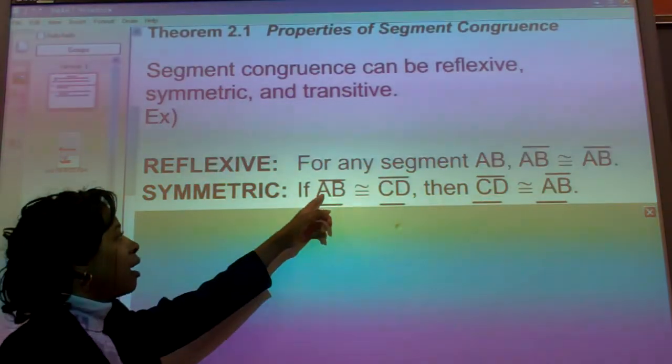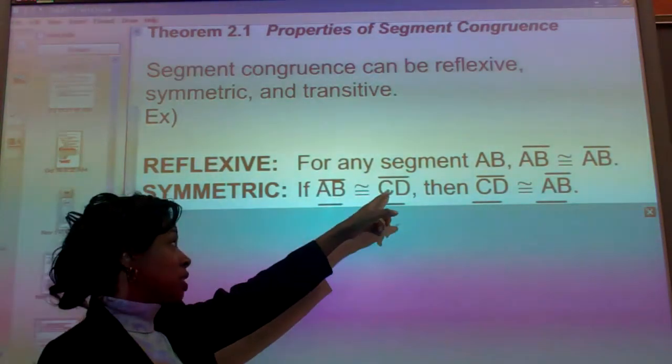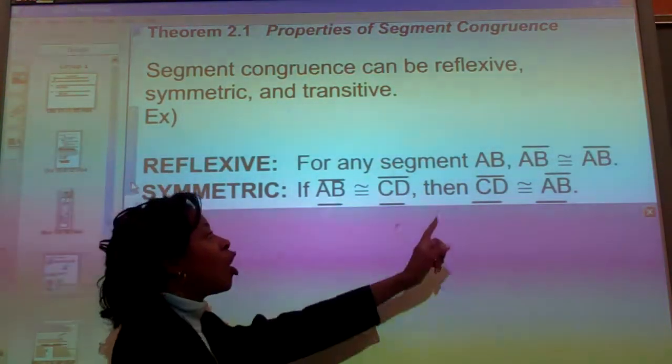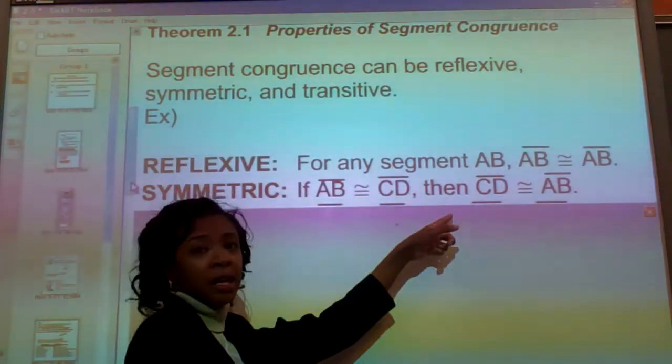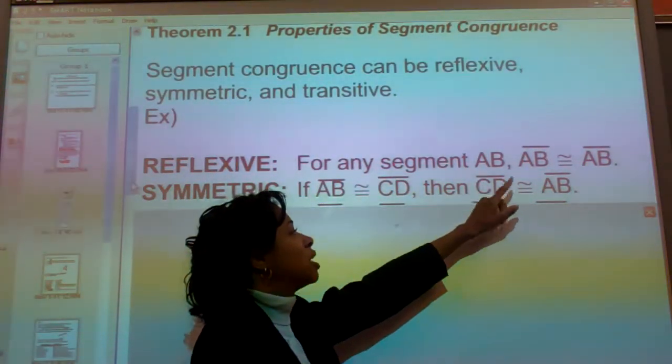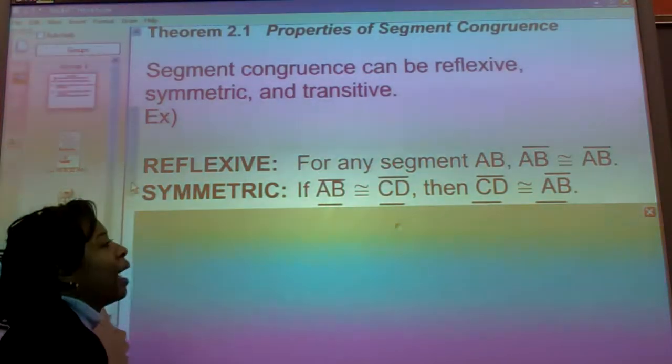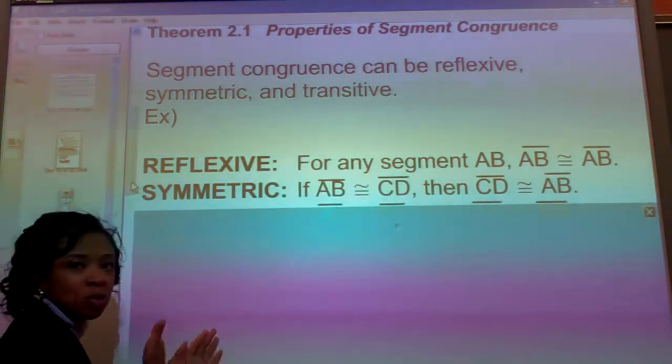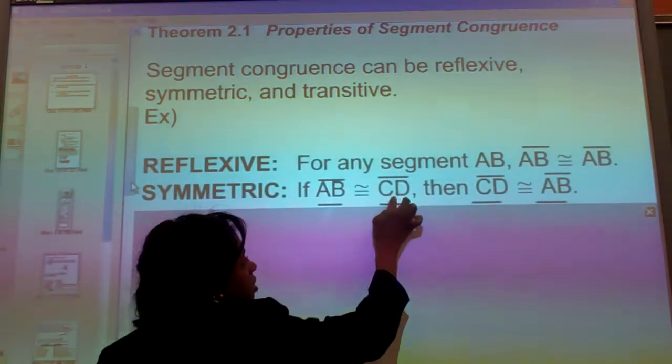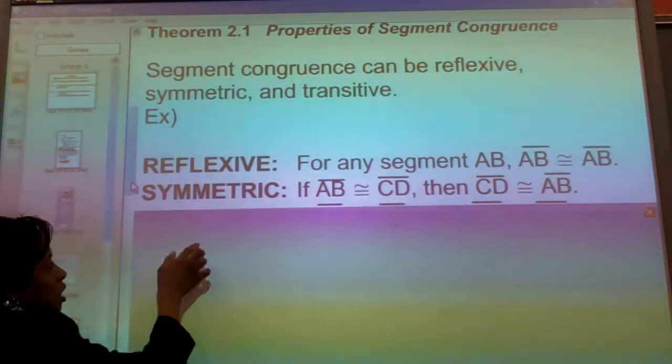Symmetric means if AB is congruent to CD, then I can switch them around and also say, my if-then statement, then segment CD is congruent to segment AB. That's my symmetric when I switch the two around.